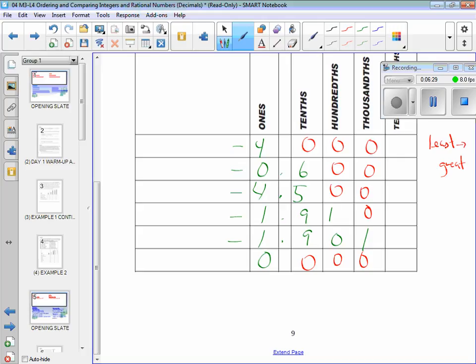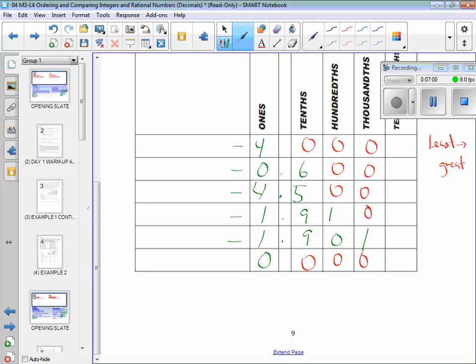You do not want to leave it out. -4 is not the same as 4. I don't care about any other column yet. Don't try to do it all in one column. Make believe everything is non-existent except for this column for ones. -4 is the lowest. Agreed?